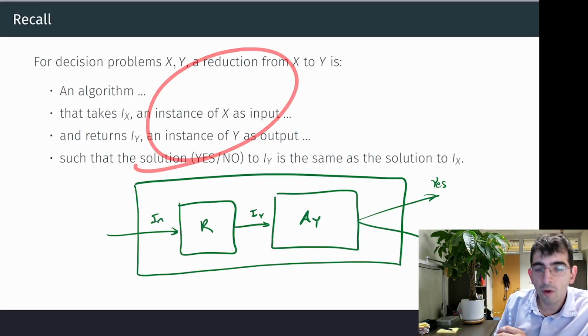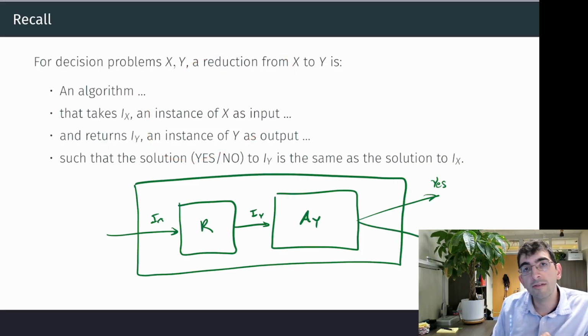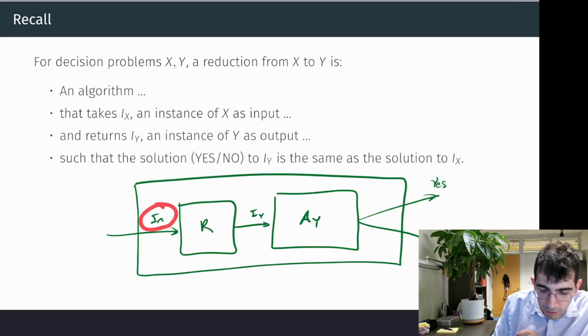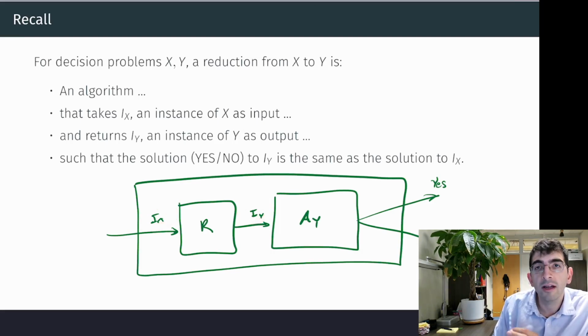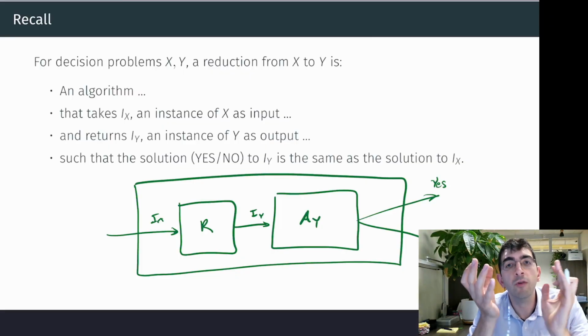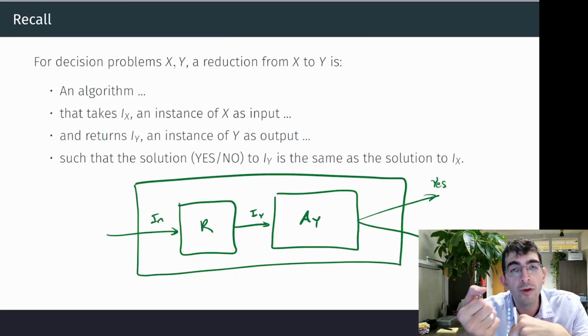So with regards to the independent set and clique problems, how are the two related? How are IX and IY related? How could we turn a yes instance of an independent set into a yes instance of the clique problem, and vice versa? What is the relationship between the two? That's what we need to know.